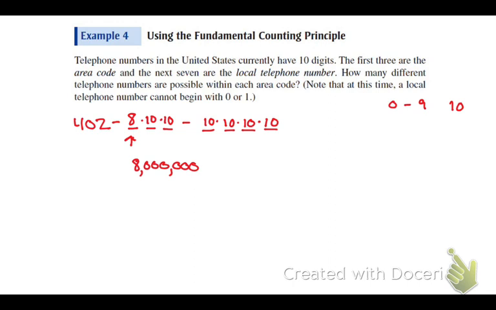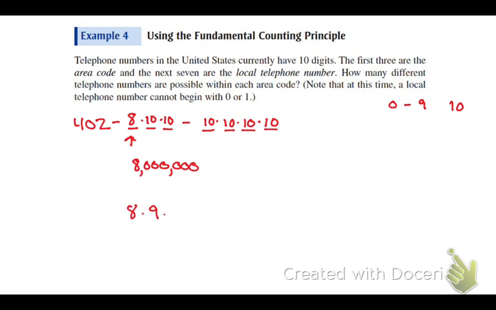Okay. So could I change this problem? How else could I write this problem? Could I put like numbers not repeating? Yeah. Okay. So if I did numbers not repeating, the first one would be 8 still, because it's not 0 or 1, right? What would the second number be? 9.